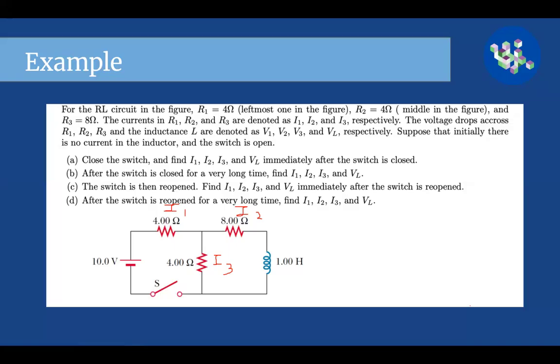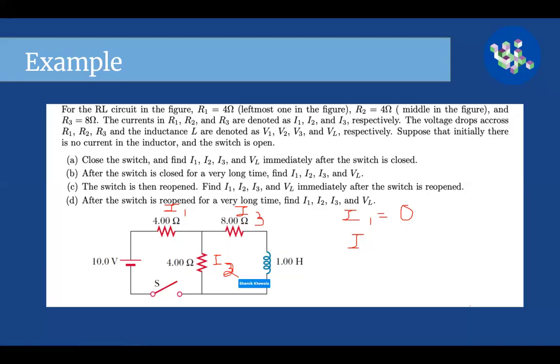So that's the first thing. The second thing is that since we're opening the switch, the current I1 will equal zero because it's just disconnected now. So I1 is zero. Sorry, this is mislabeled.